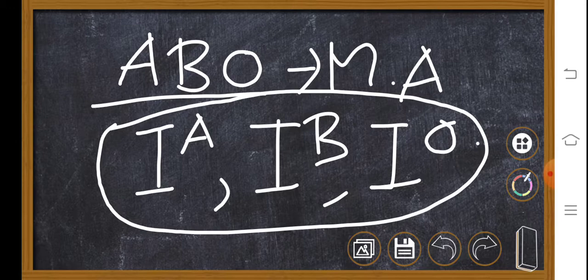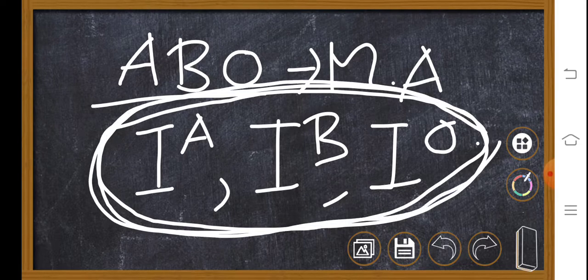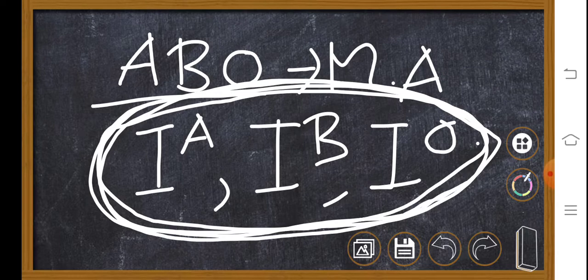But the condition is that one person can have only two out of these three. All three cannot be present in our body. Only two out of these three can be present, or must be present, in our body.